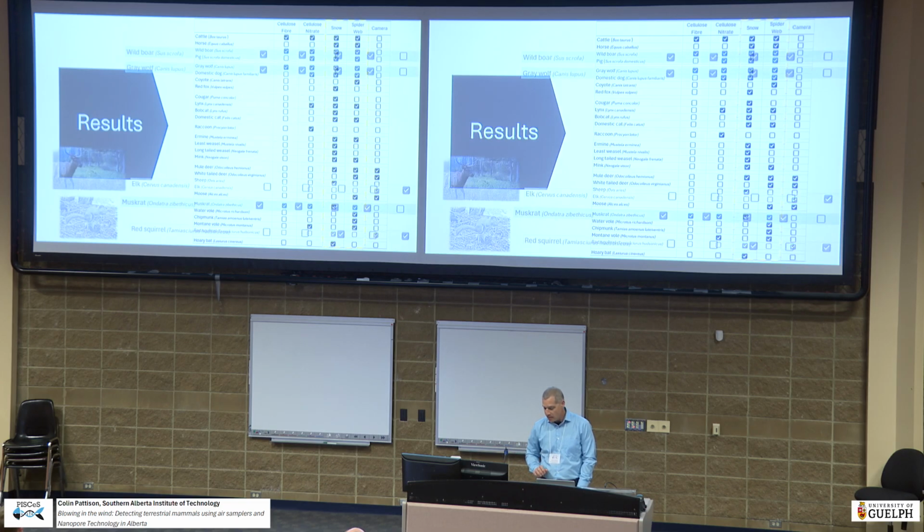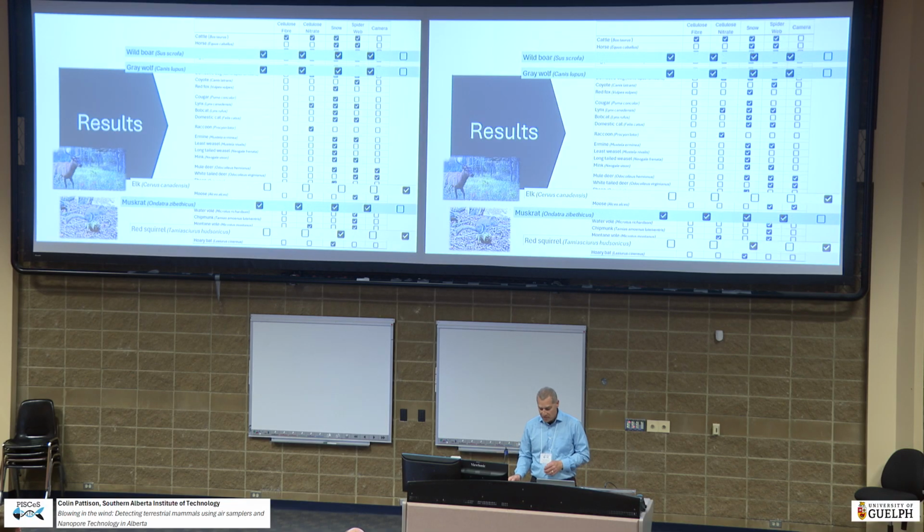We also found it interesting, in blue, that all of the filters detected wild boars, wolves, and muskrats, but we didn't detect any of those on the cameras. It's also interesting that I'd previously detected wolves in these areas with cameras, but in more than 15 years of having these cameras set up in these areas, we've never detected wild boars or muskrats.